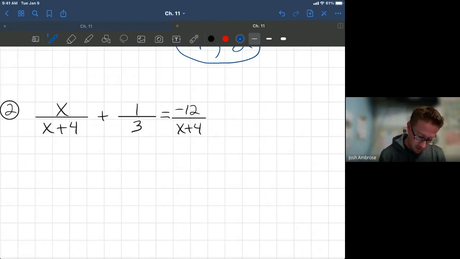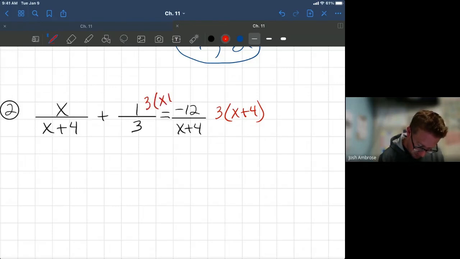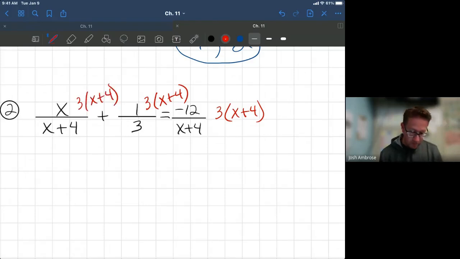Okay? So if that is the case, then that means every single one of these fractions is going to be multiplied by this. All of them. And the reason why we're doing that is because this will cross out our denominators.